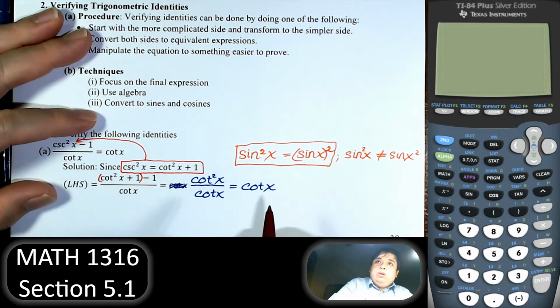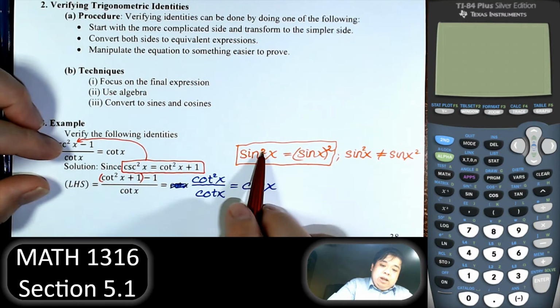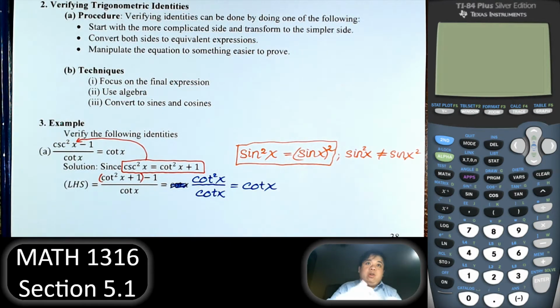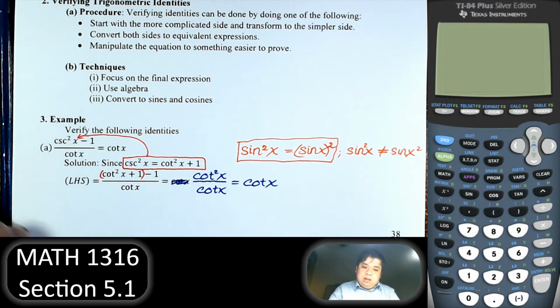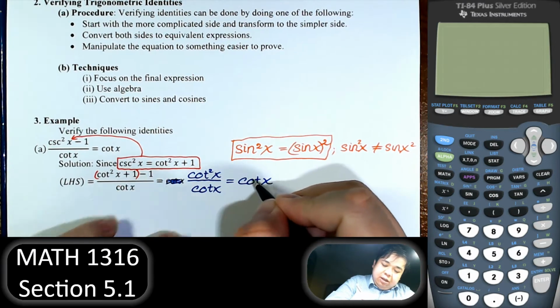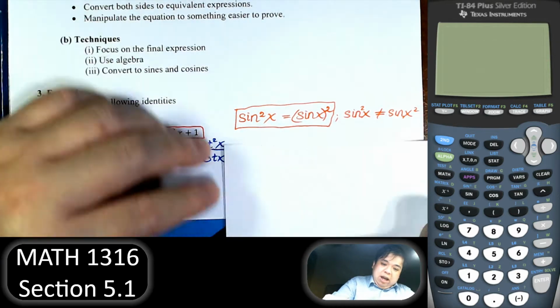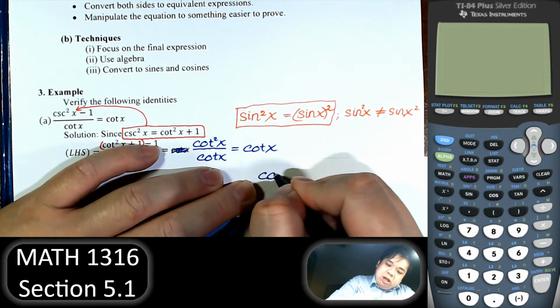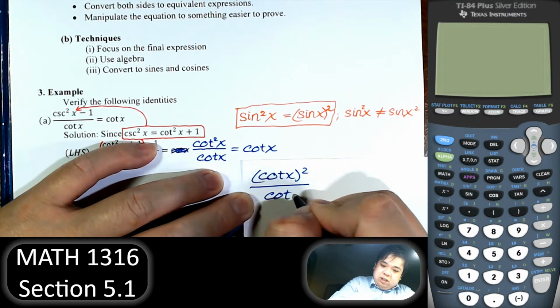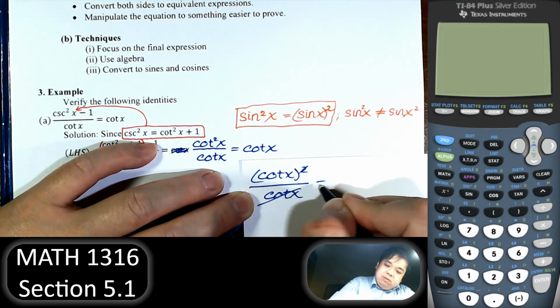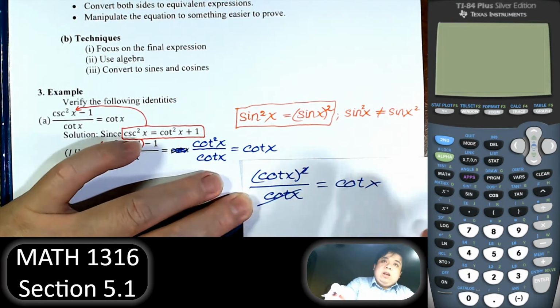The square on the function means we take the trig function first and then we square. Because of that, we can cancel, like cotangent squared and then cotangent, cancel one of them. Right? And that's what we have.